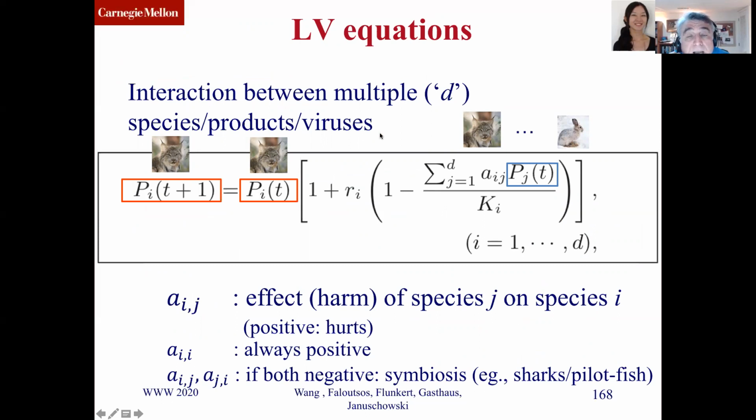And let's dive a little bit deeper on the Lotka-Volterra equations, which say that the population of species i, suppose we have D species. In our example, we had 4 game consoles, right?